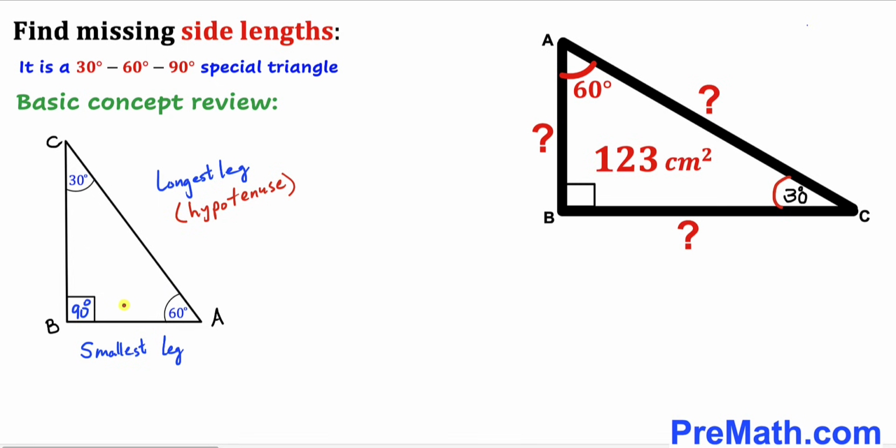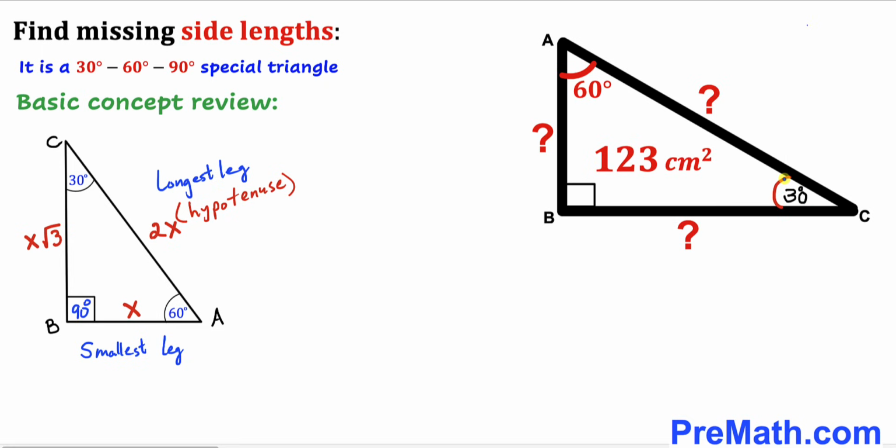In other words, if the smallest leg is 1, then the longest leg has got to be 2, and the third leg is going to be the square root of 3. In general, if this side is x, then the longest leg is going to be 2 times x, and the third leg has got to be x times the square root of 3.